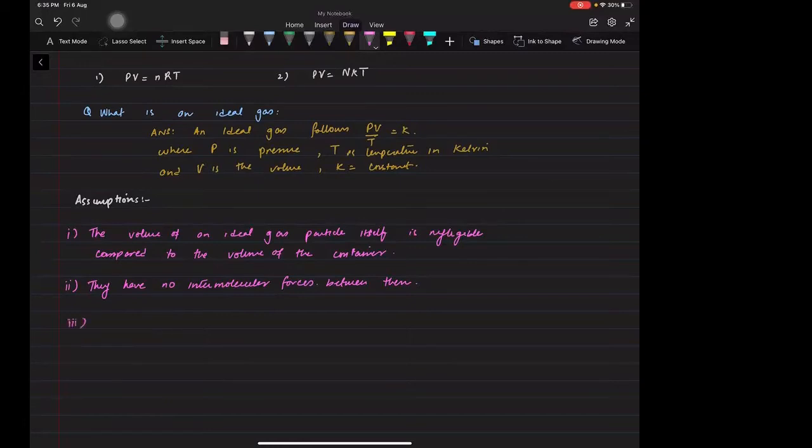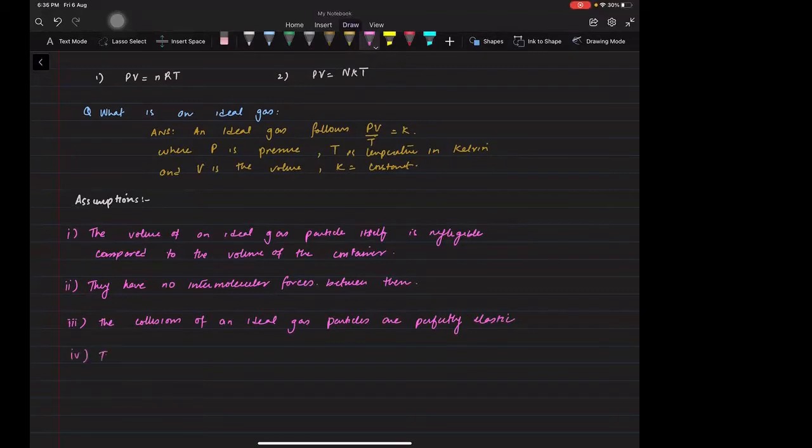Third assumption is the collision of an ideal gas particles are perfectly elastic. Elastic in AS means that they do not lose their kinetic energy.